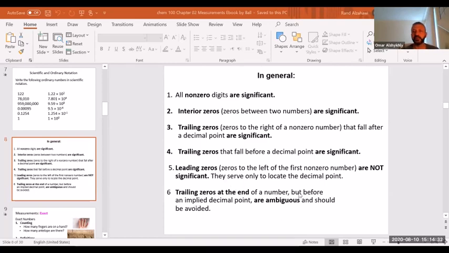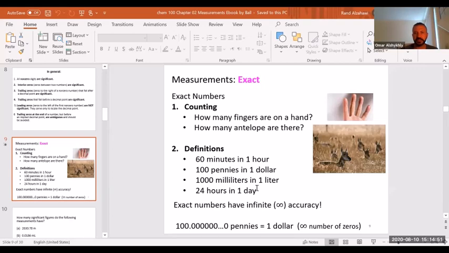Trailing 0 at the end of a number with an implied decimal point is ambiguous. Sometimes we consider it significant, sometimes not. Here, if there is no decimal point, we will consider it not significant. Okay, now just one thing here, guys.